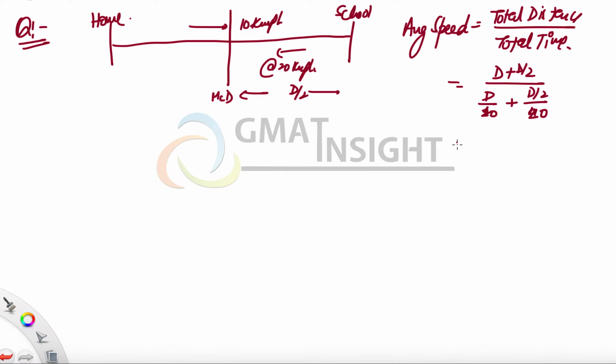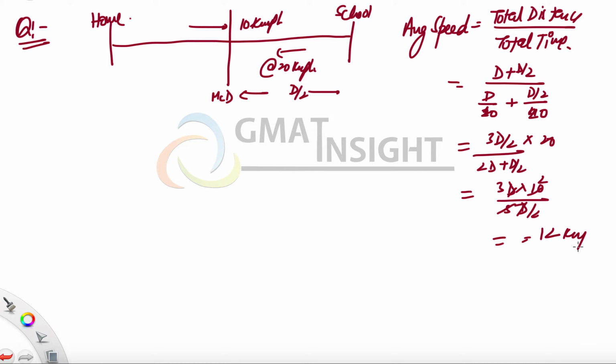Now we can once again simplify them. 3d by 2 here, and the LCM is 20. So we get 3d by 2 divided by 2d plus d by 2, which is 3d multiplied by 10 divided by 5d. D gets cancelled out, and then we get 12 kilometers per hour.